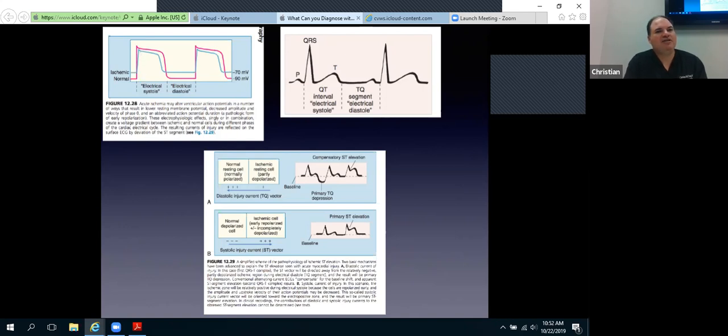But what also happens is that your repolarization repolarizes to a less negative level. So the ST segments elevate. The repolarization is less repolarized than normal, so the ST segments elevate. That's what's happening here. So you see how normal would be here, this isn't an ST segment, but I'm just giving you an idea that you're getting an increase from the baseline.